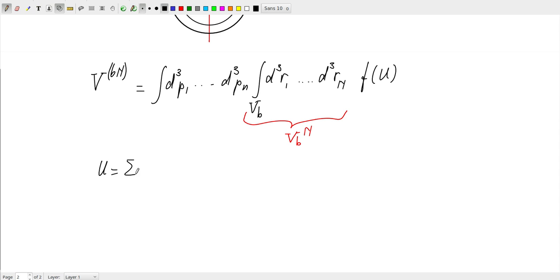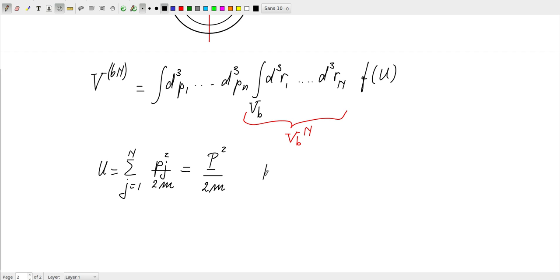So it is simply written as the sum over all the particles of the kinetic energy, which is Pj squared over 2m. And we can also write this as P squared, now a capital P, divided by 2m.